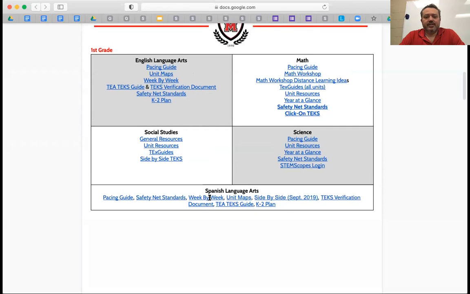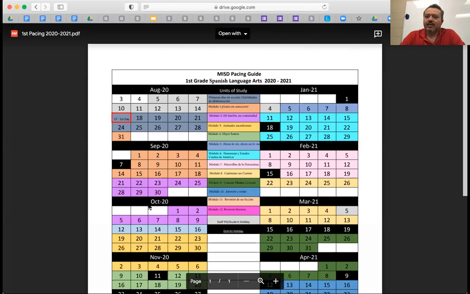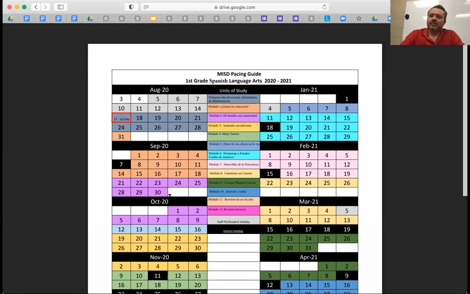And so this is an example of a pacing guide of this set of documents that make up the curriculum. The pacing guide provides the district the range of when a certain unit needs to be instructed.